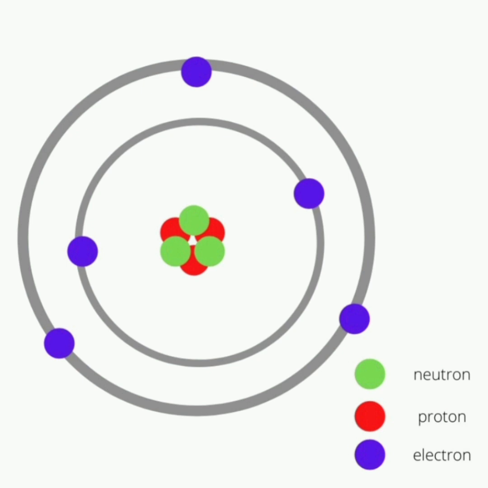Now the atom would be considered as positive because it has one more proton than the number of electrons in it. In the case where the atom has gained one electron, the atom would become negatively charged as it has more electrons than protons.